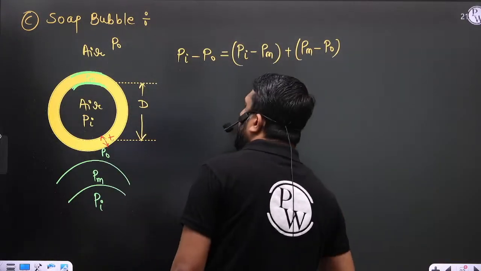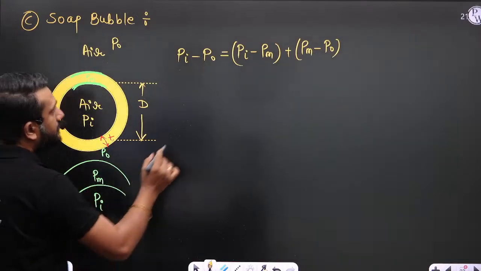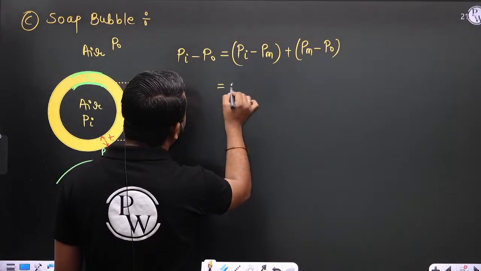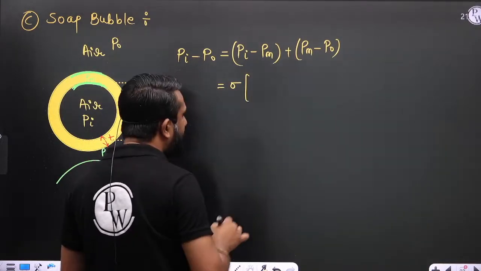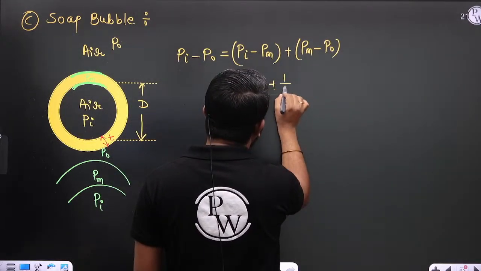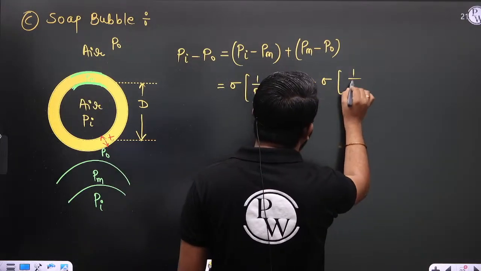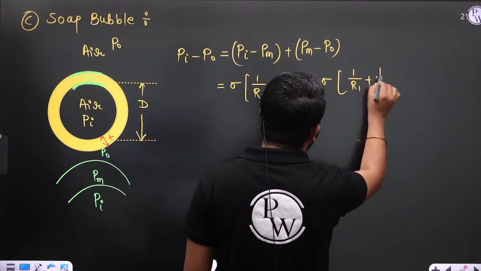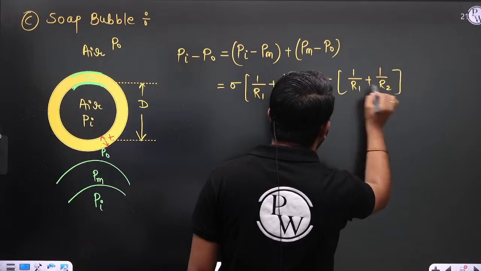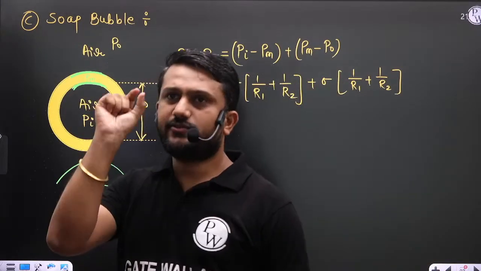Fine. And also, see, in this case it is sigma into 1 by R1 plus 1 by R2. In this case also, this is sigma into 1 by R1 plus 1 by R2. And beta, we know that the thickness is very, very small, no?